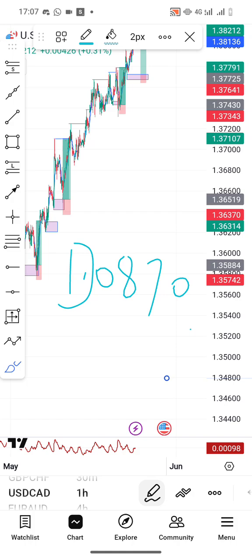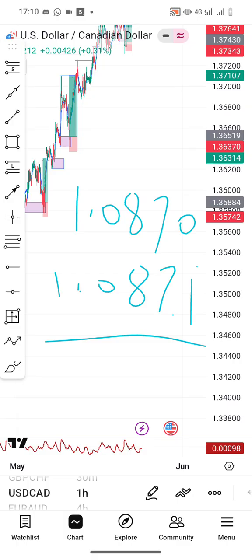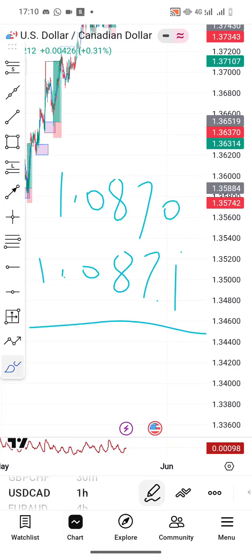So let's say, for instance, we have the EUR/USD exchange rate at 1.0870. What if the market moves from 1.0870 to 1.0871? The market was at 1.0870 before and it moved to 1.0871. How many pips have we moved?